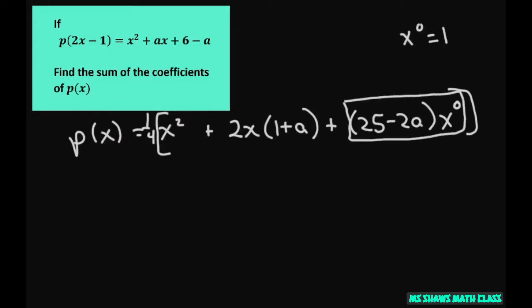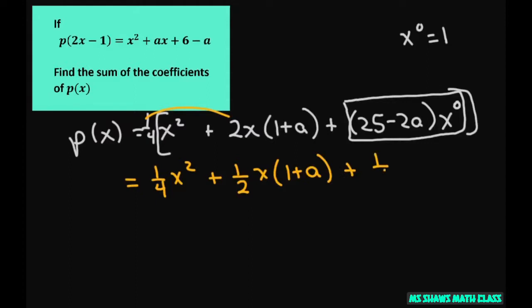Now, when I distribute through, I'm going to get 1/4 x squared plus, and you distribute that, you're going to get 1/2 x times 1 plus a. And then we'll just keep this as 1/4 times 25 minus 2a.